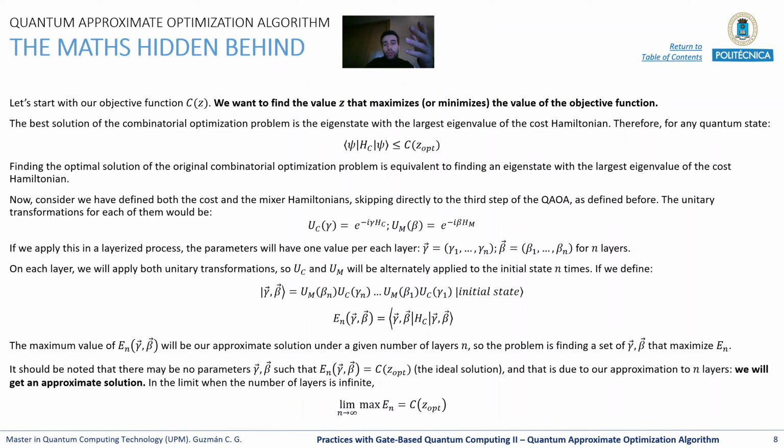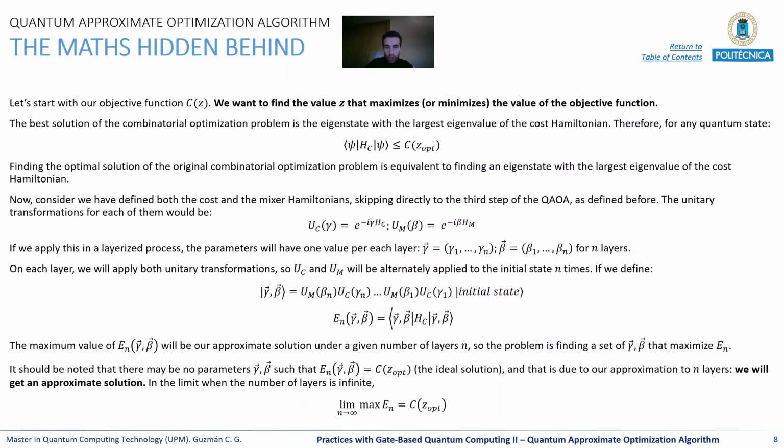So the best solution for that problem is the eigenstate with the largest eigenvalue of the cost Hamiltonian. That's our solution. Therefore, for any quantum state, of course, that value of C must be equal or greater than that expectation value of the cost Hamiltonian.